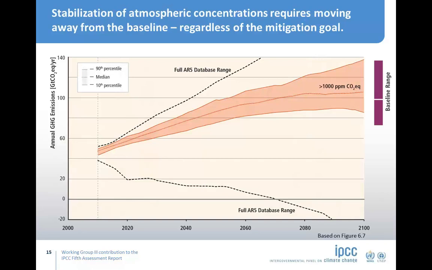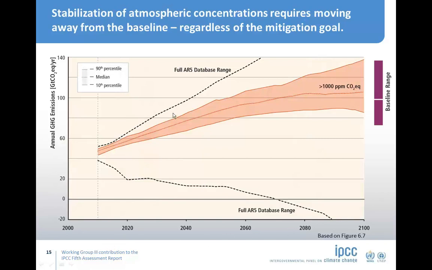So this is the sort of very common graph that you will now see from the IPCC, which is looking at stabilization of atmospheric concentrations. And we're looking at the annual greenhouse gas emissions globally over this century.